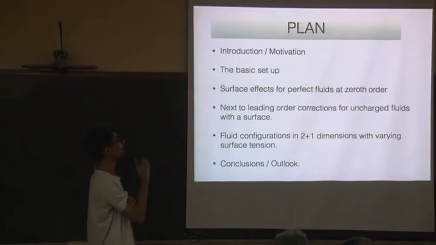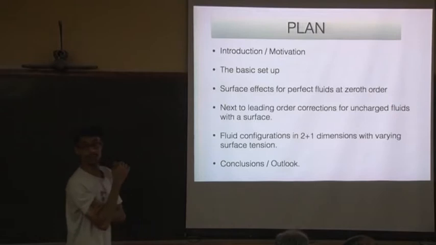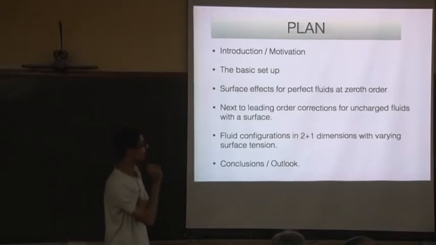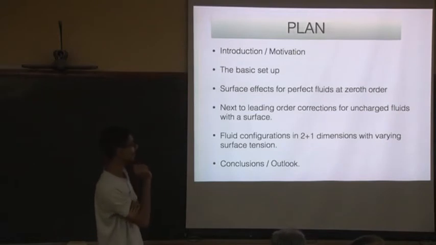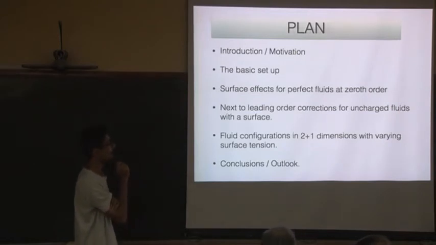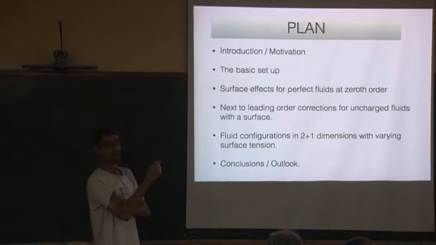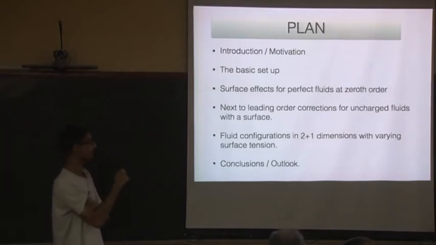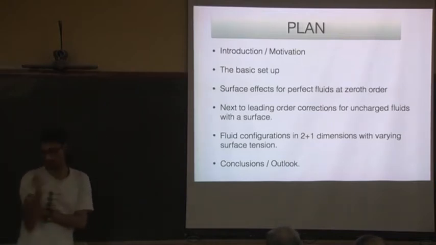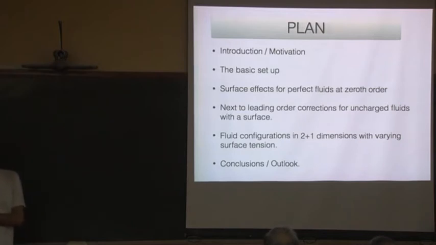Then I will consider next-to-leading order corrections, first order for uncharged fluids, to the surface. And later I will come back to some specific fluid configurations in 2+1 dimensions, where this surface tension will be varying as a function of the temperature, and then I will finish with some conclusions. So, the basic setup.